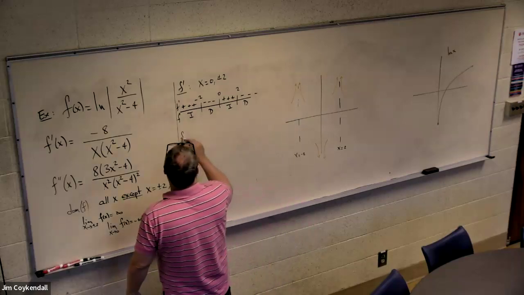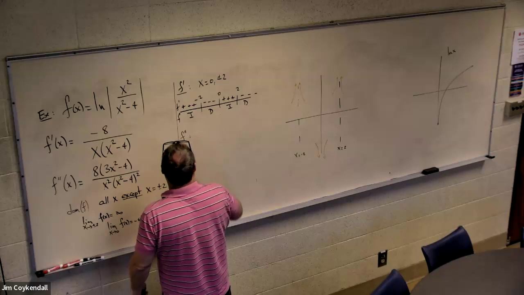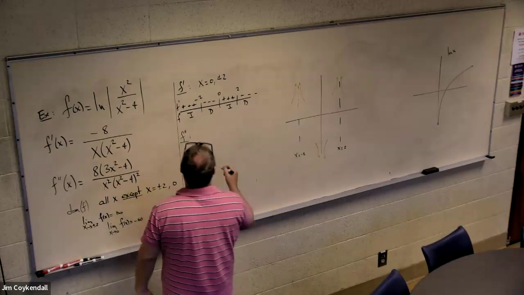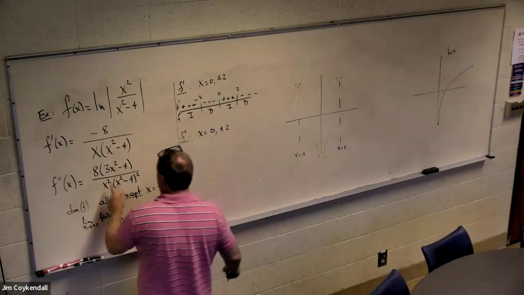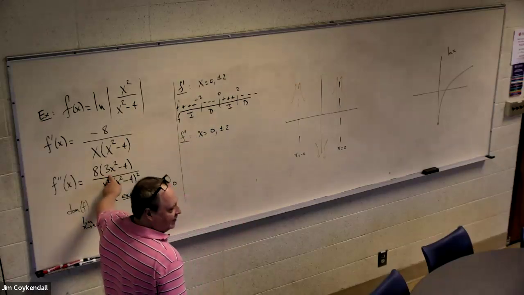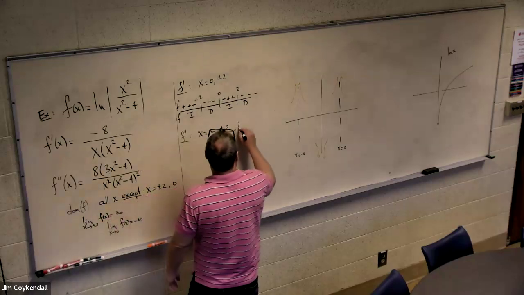Let's look at the second derivative. Well, I've got to get 0 and plus or minus 2 again, but I also have to get solutions to this.